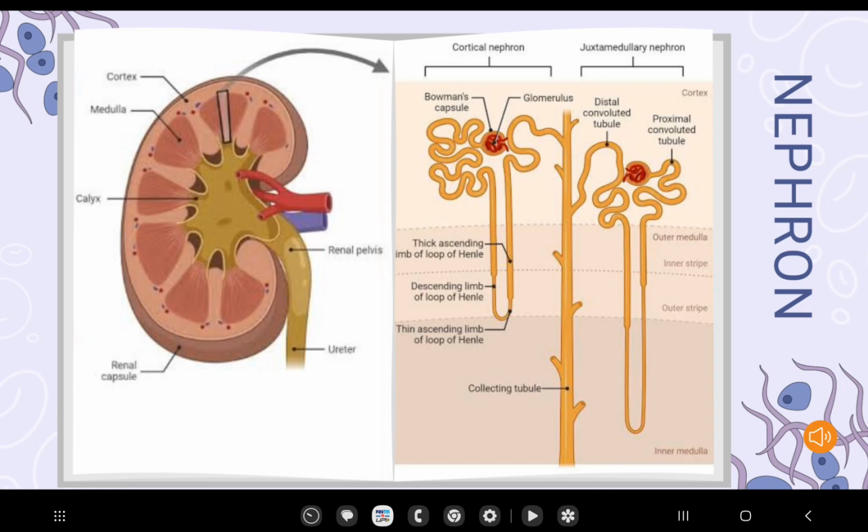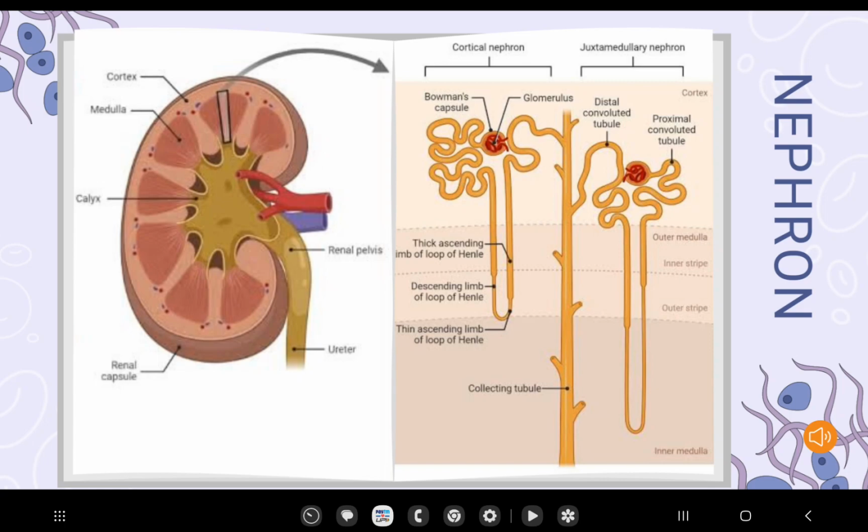Renal tubules. After the filtrate is collected in the Bowman's capsule, it passes through the renal tubules, which are divided into several segments. Proximal convoluted tubule, the first part of the renal tubules where most of the reabsorption of water, ions, and nutrients occurs. Loop of Henle, or nephron's loop. A U-shaped portion of the tubules consisting of descending and ascending limbs.